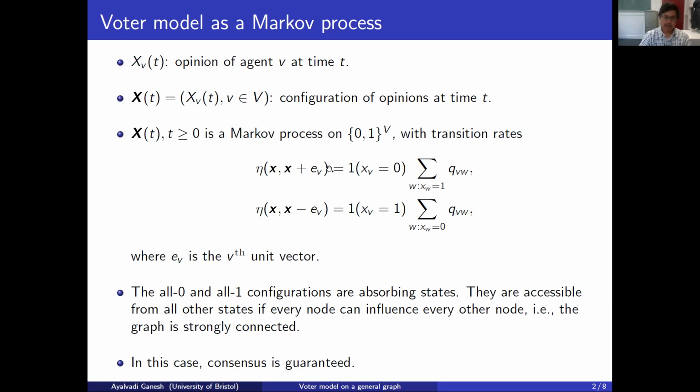So that's one way to see that once you get to the all zeros state, you get stuck there because the rate of any transition out of that state is 0. Also, more intuitively, nobody can change their opinion to a 1 because there are no ones to copy. And similarly, the all 1 configuration is absorbing.